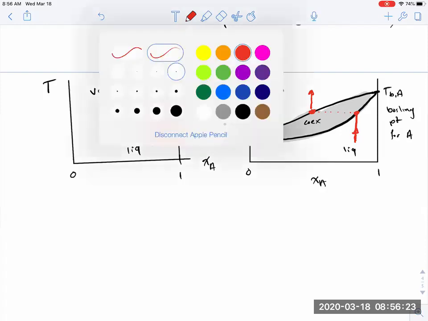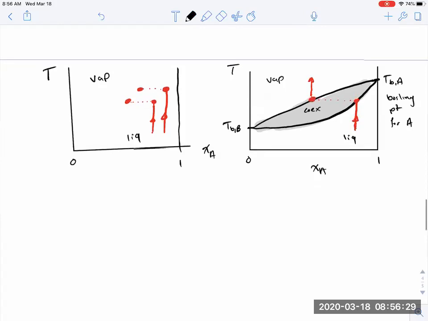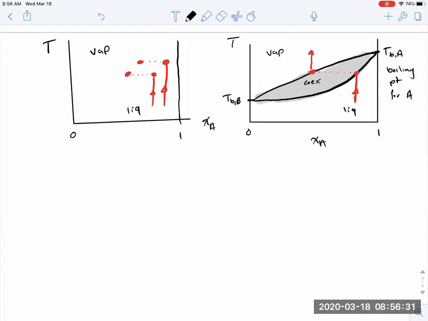So that's the sort of complexity that can arise in mixtures and coexistence of mixtures and their phases.